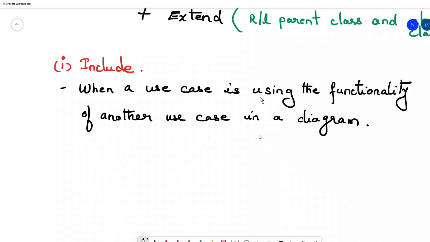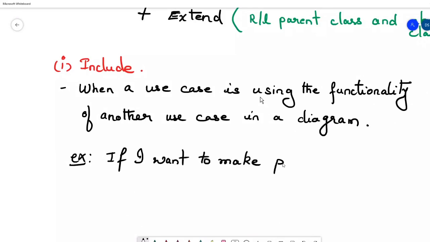Okay, for example, if I want to make a payment, that means I'm talking about a payment use case in the system. If I talk about payment, can I do the payment directly?